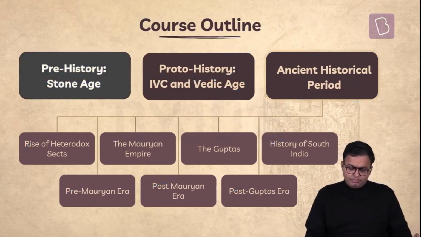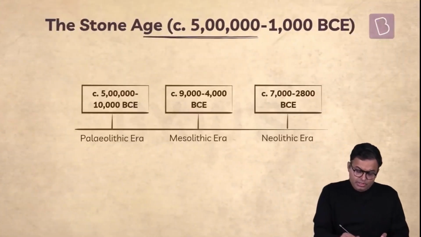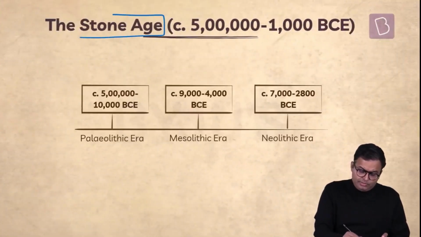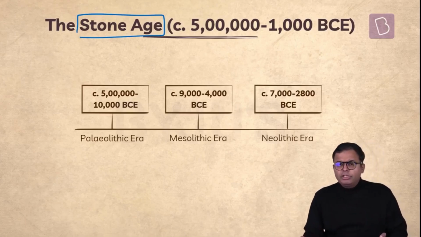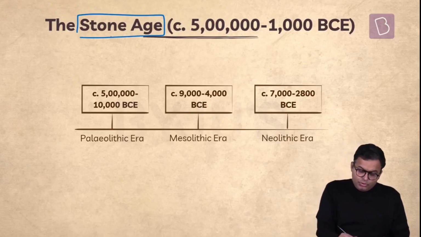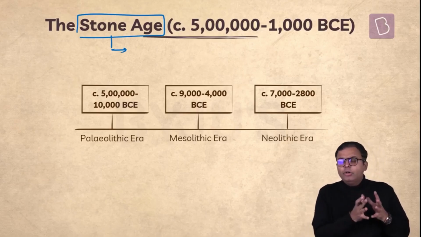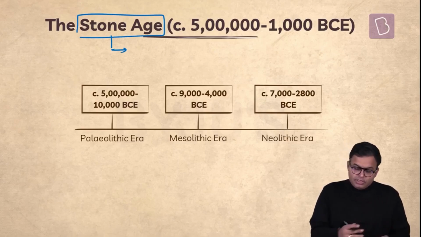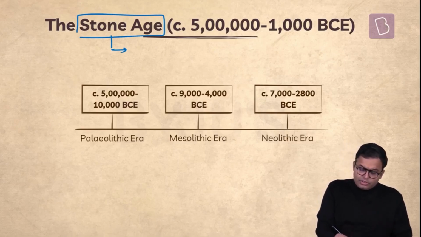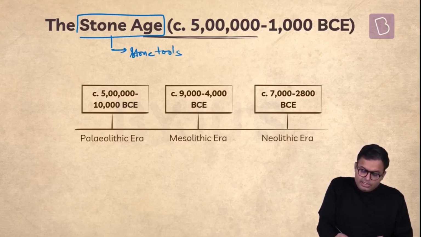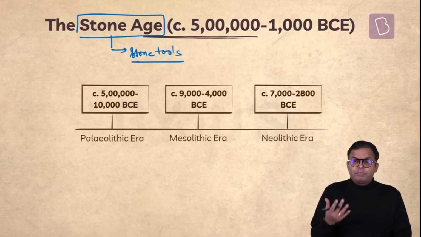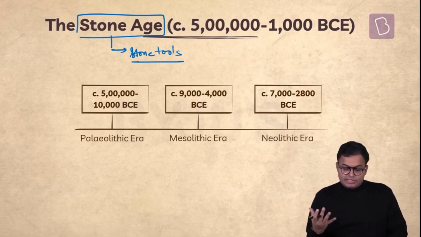Now, talking about prehistory, Stone Age. Why this is known as Stone Age? First of all, because it was a part of prehistoric period, the Stone Age was studied mainly on the basis of tools. So this is known as Stone Age because the use of stone tools and the study of stone tools was the primary basis of understanding.